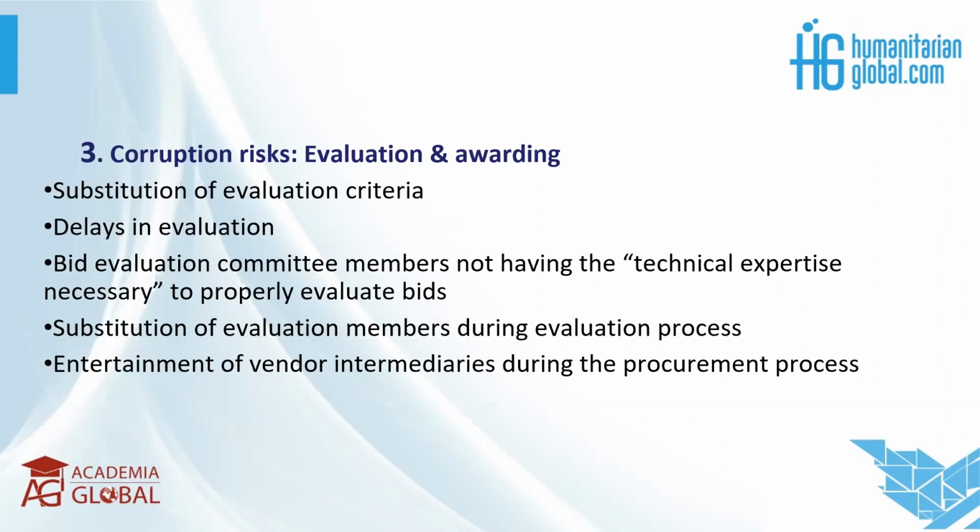We are still evaluating. A great way of curbing this is having the evaluation criteria and the evaluation matrix way before floating the tender. So already an evaluation matrix is where you have already decided: we are looking for ABCD. We are looking for a local supplier who is based in this country.